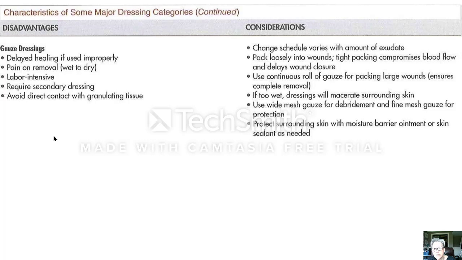If too wet, dressings will macerate surrounding skin. Use wide mesh gauze for debridement and fine mesh gauze for protection. Protect surrounding skin with moisture-barrier ointment or skin sealant as needed.